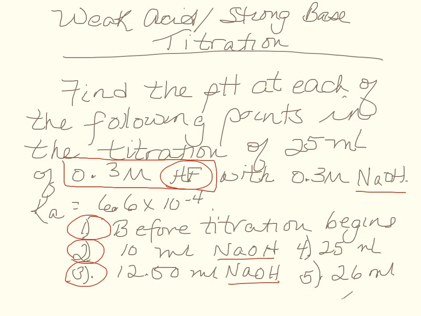At some point, one of these amounts is probably going to be the equivalence point, the end point, when you've neutralized all the initial acid. And the last one is typically when you've added too much titrant. And so they're all solved a little differently. So let's go ahead and get started.